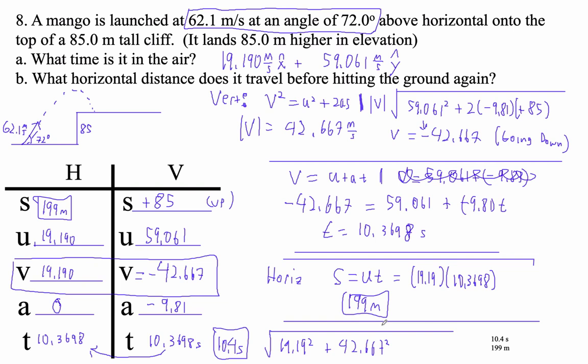Square root of that guy squared plus this guy squared. And that's 46.8 meters per second. So if it asks you for the speed, just look at that final velocity there. I'm getting 46.8 meters per second. This problem doesn't ask for that, but some of them do, so just be careful. All right.